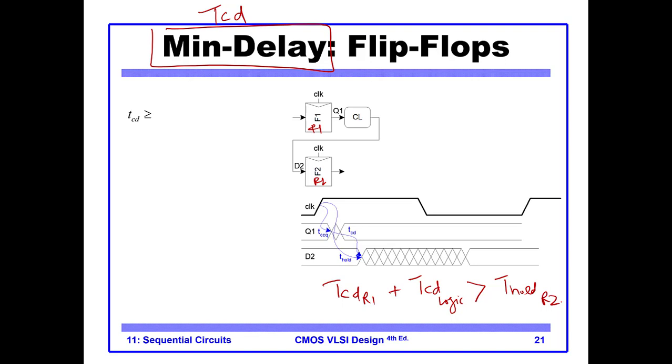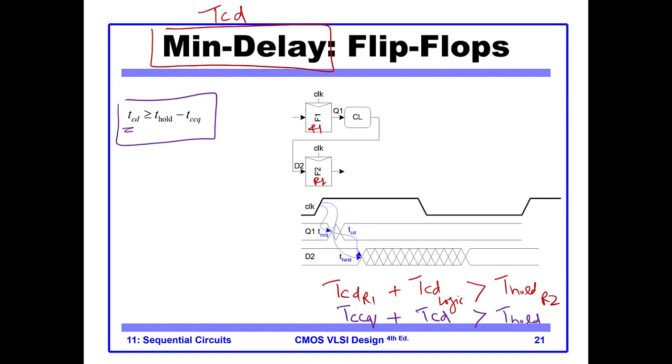So if I replace it with the quantities that are used by the book, it will be TCCQ plus TCD should be greater than T hold. Okay, so if I'm interested in TCD, it should be greater than T hold.